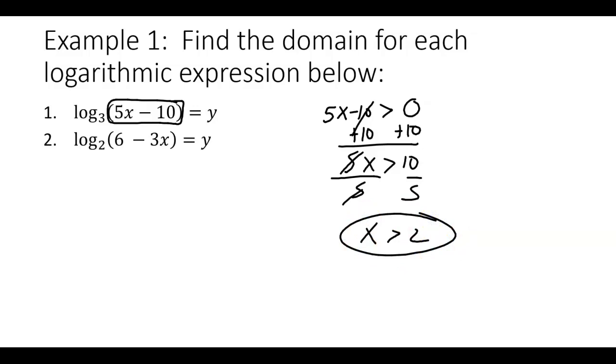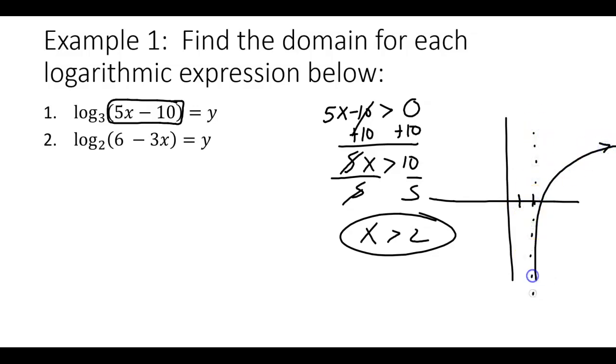So as long as x is greater than 2, we have a function. Now, we haven't talked about graphing logarithmic functions yet, but just so you know, the graph of this function would probably look something like this. There's an invisible line here, a vertical asymptote. This function can't exist at 2 or anywhere behind it. It has to be in front of it.